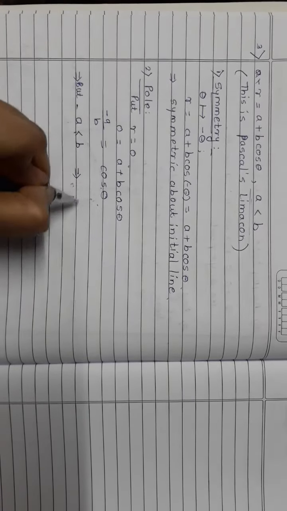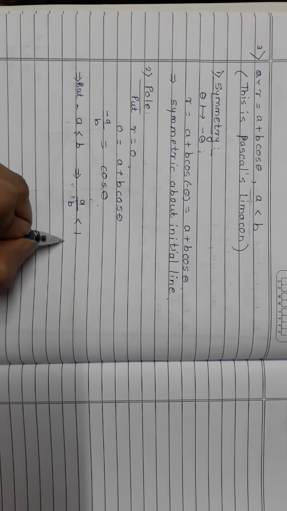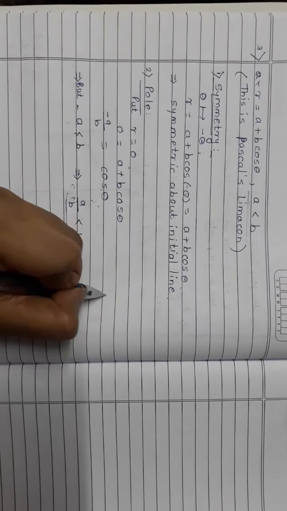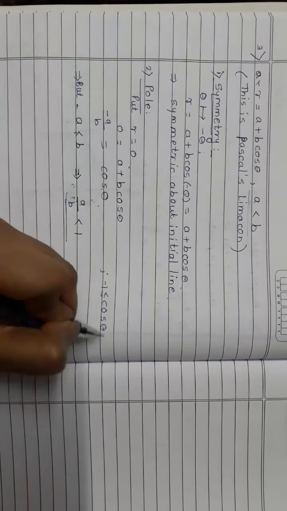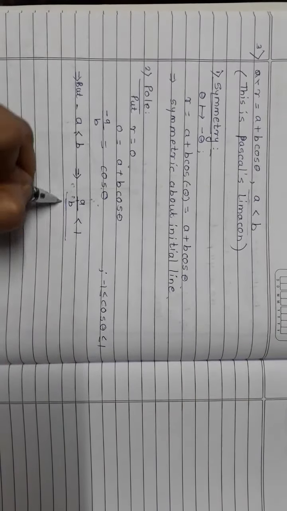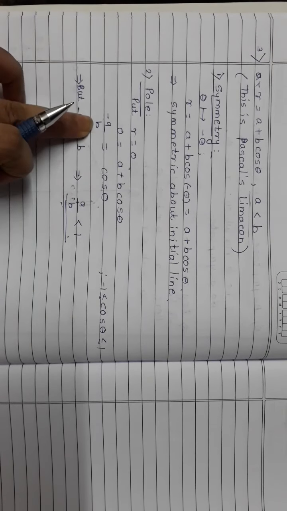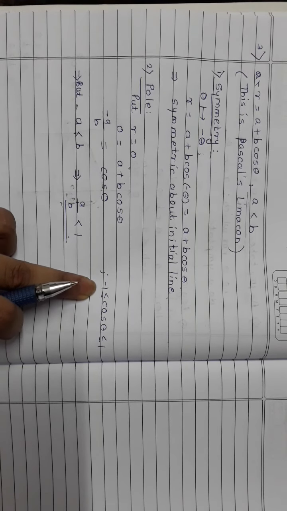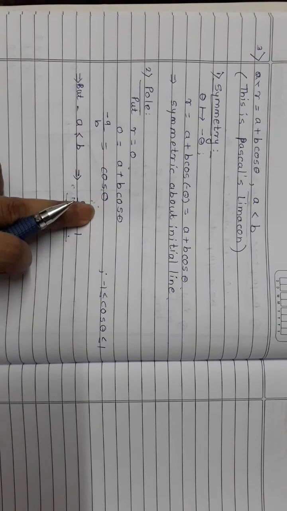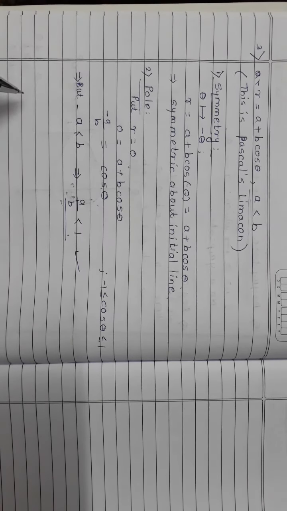So a by b is going to be less than 1. If a by b is less than 1, and you know that cos theta ranges between minus 1 and 1, say let's take 0.5, then cos theta will be minus 0.5. So surely since minus 1 is the lower bound, minus 0.5 is a possible value of cos theta. So this case is possible, right?